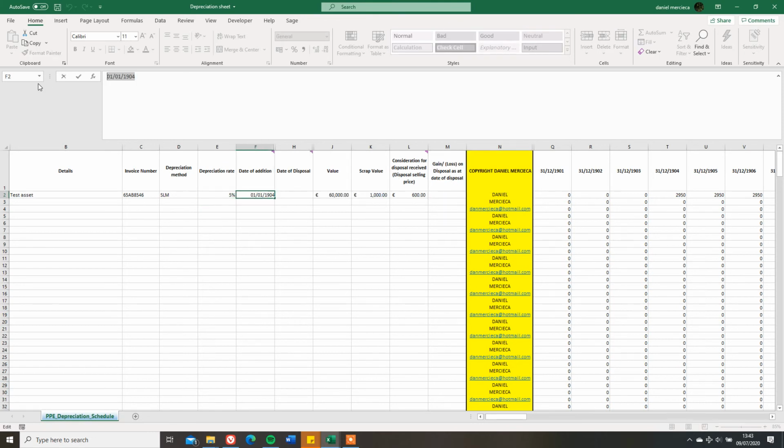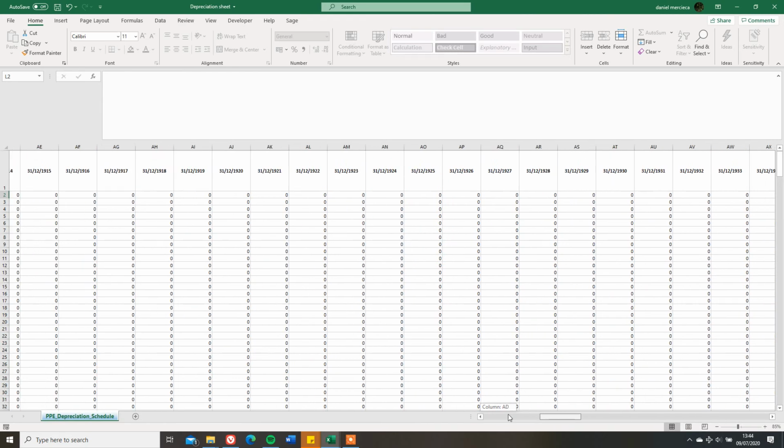The date of addition would be, let's say we added the asset on the 1st of January 2008, and we disposed of the asset on the 31st of December 2015. Okay, let's say we have no scrap value, and we have received no consideration for the asset.